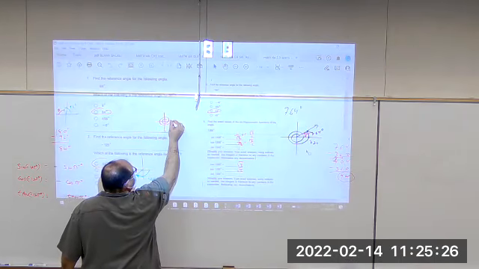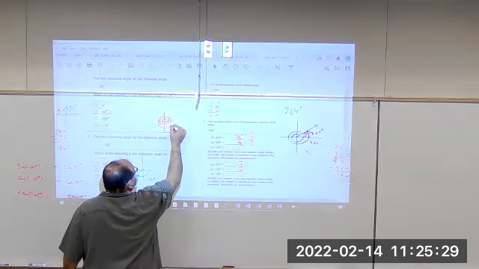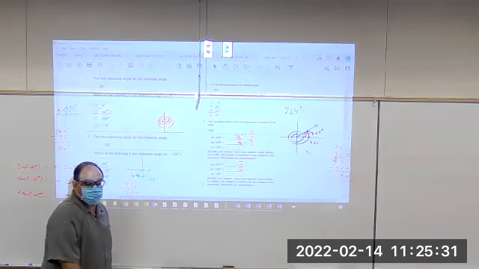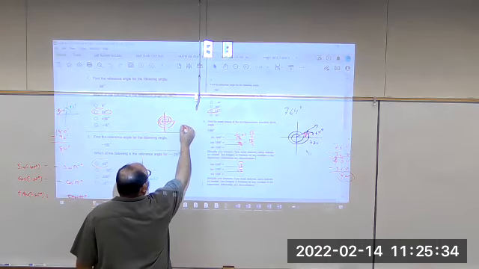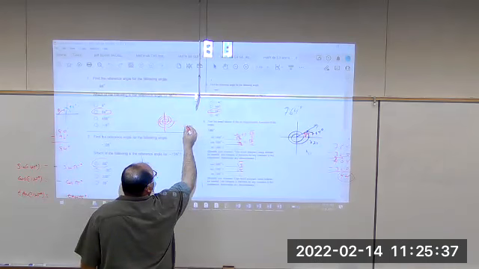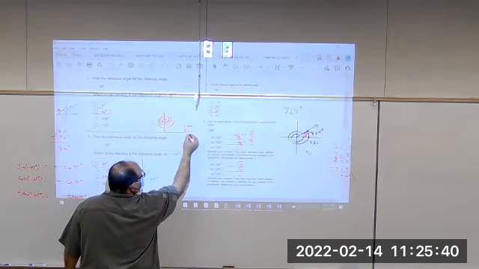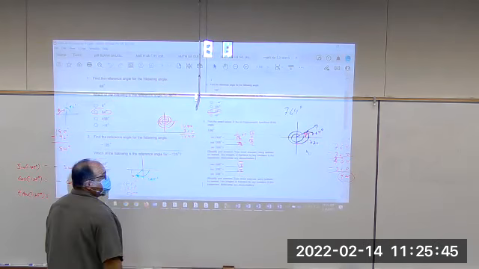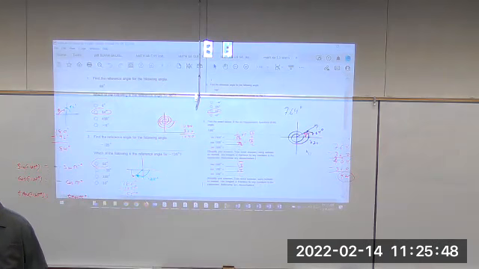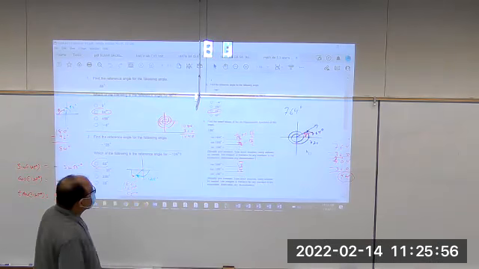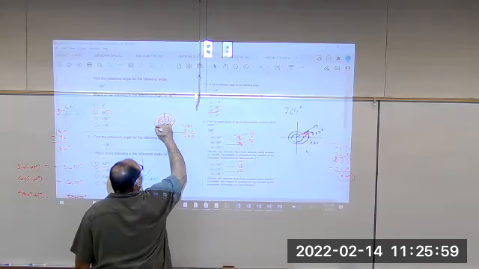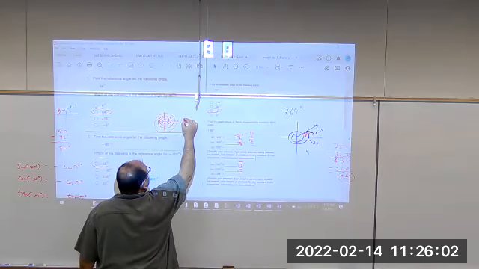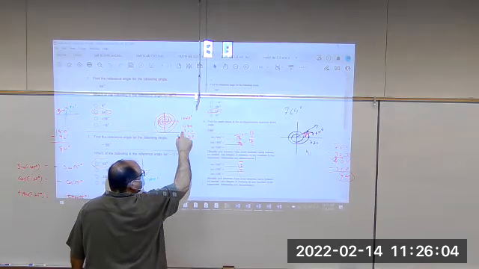360, 720. 720 plus another 360 is 1,080. 360 more is 1440. So that is 4 revolutions. 1440, if we go around 4 times, which means that's too big.